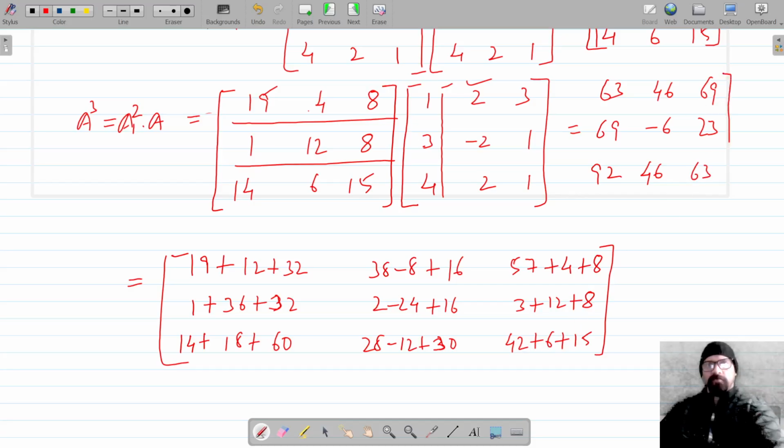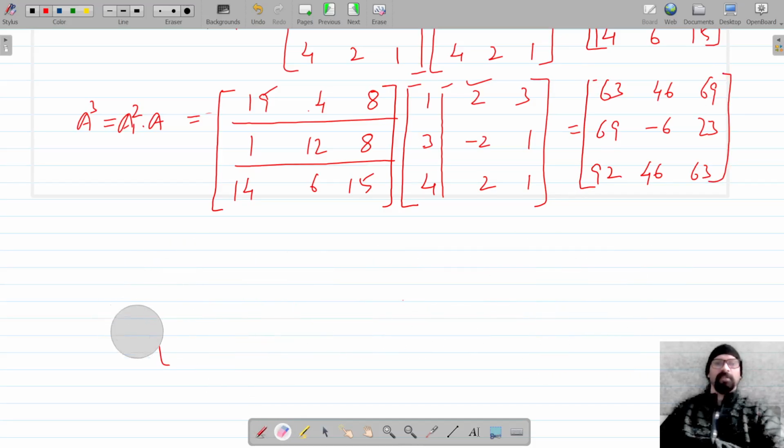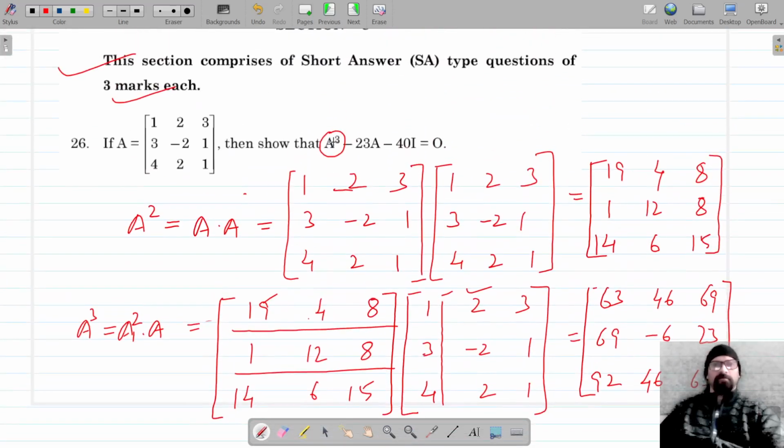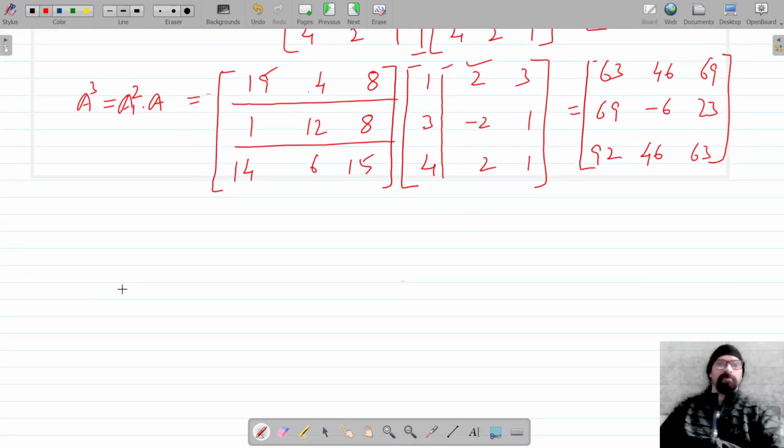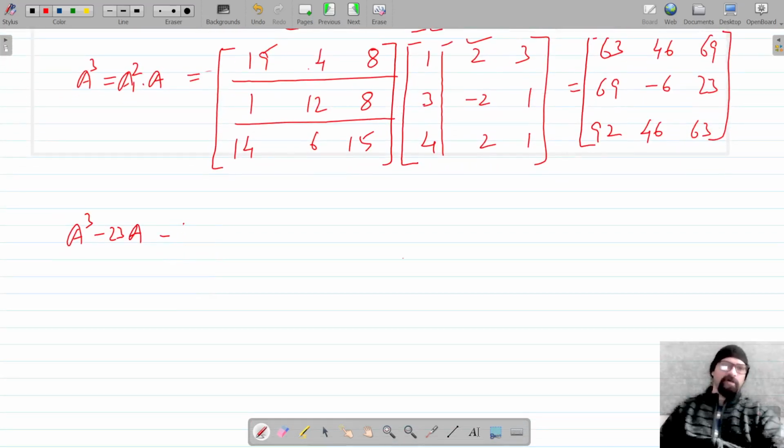So we have got A cube, and now let's write down the matrix polynomial. So the matrix polynomial is A cube minus 23A minus 40 into the identity matrix.